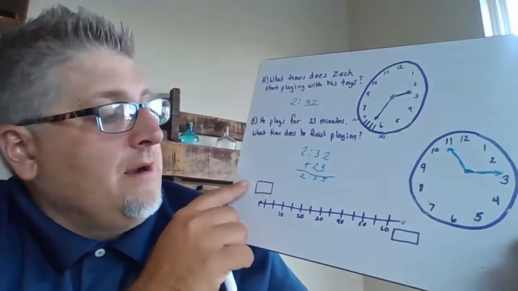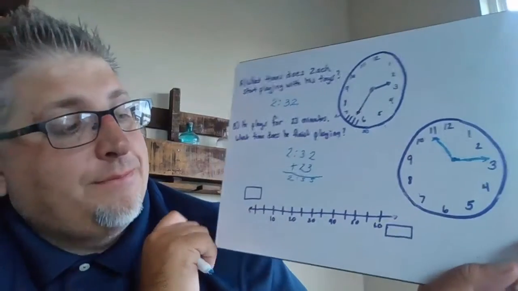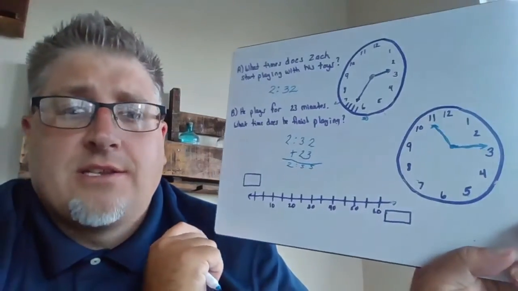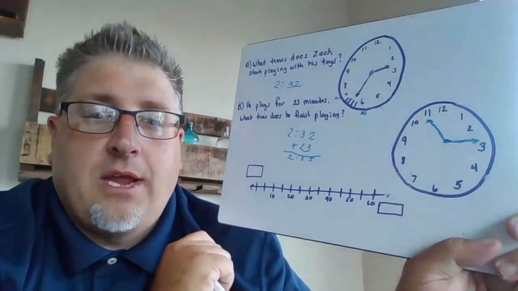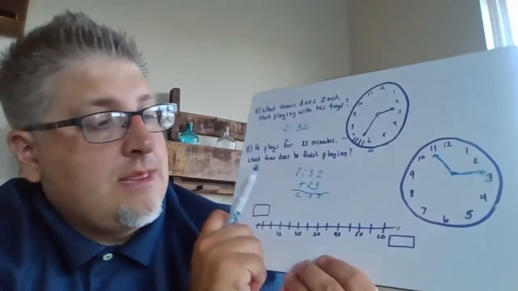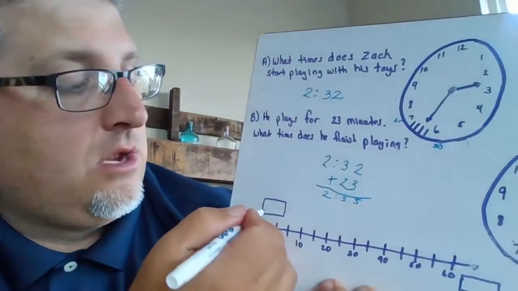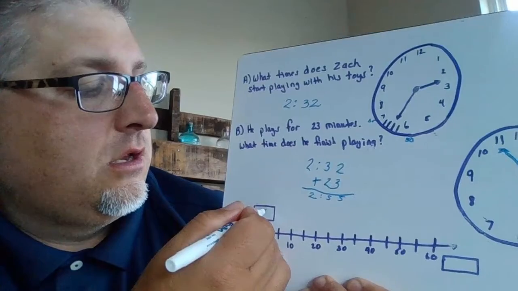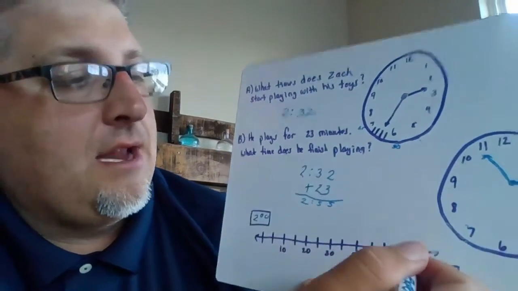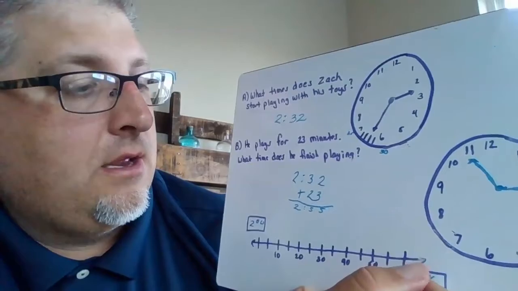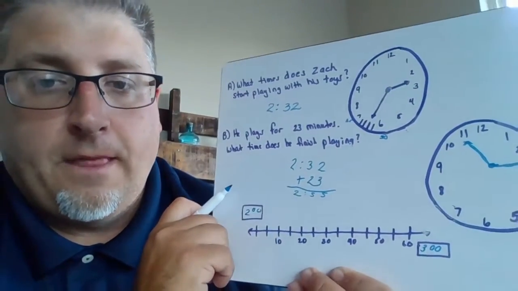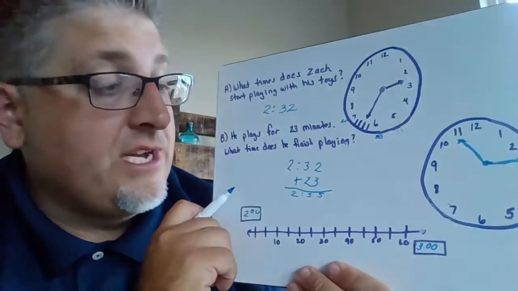Now down here they want us to plot when he started playing and when he finished playing. So we know our plot points are going to be 2 o'clock and 3 o'clock. We know he started at 2:32.